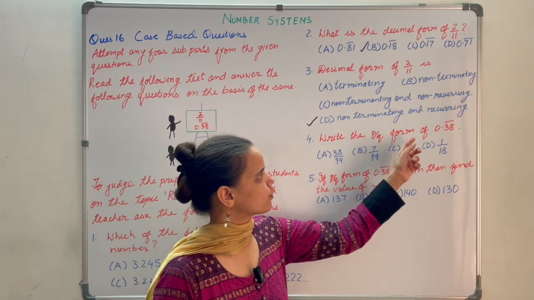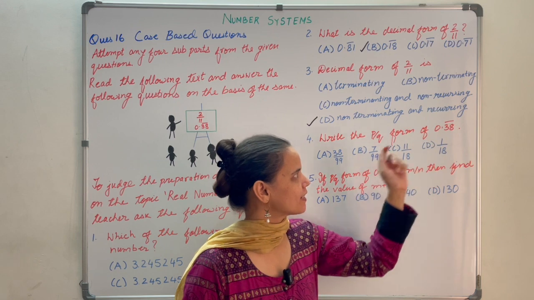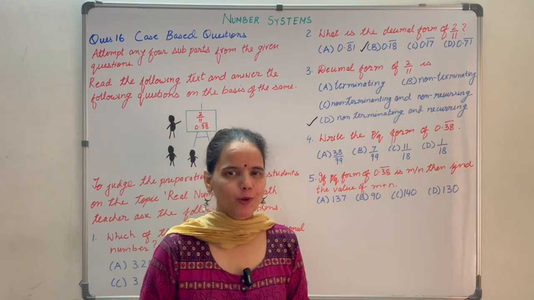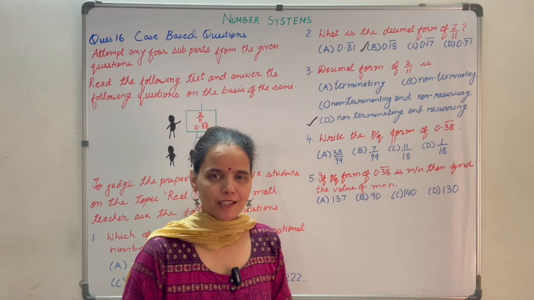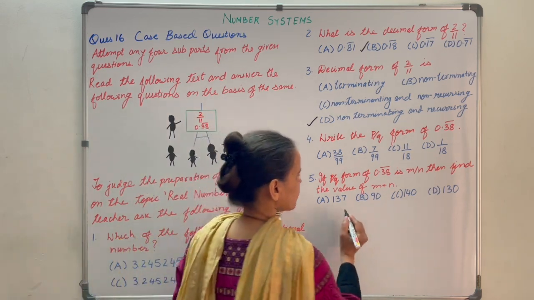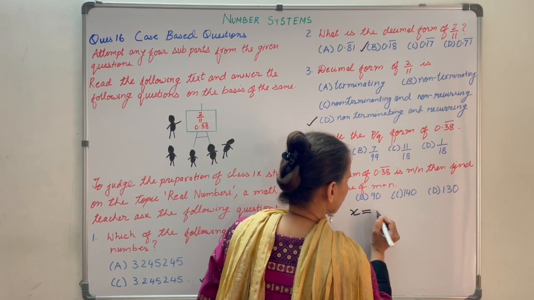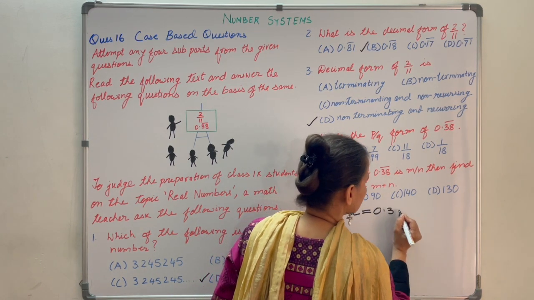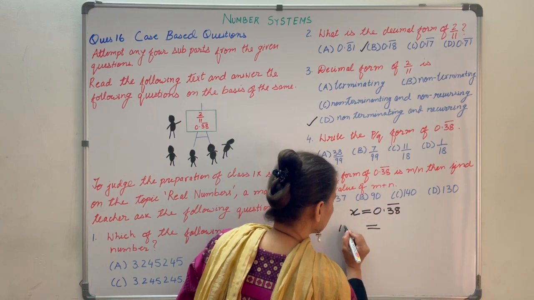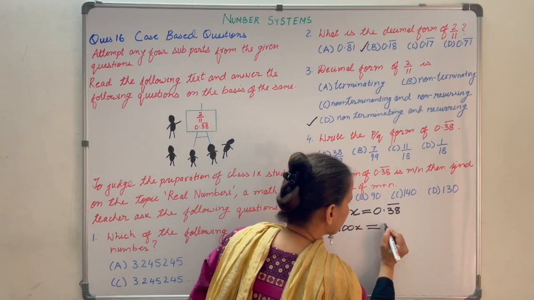Write the P by Q form of 0.38 bar. So you need to write down the P by Q form of 0.38 bar. So let us assume that P by Q form of 0.38 bar is X. So we can equate them. So X is equal to 0.38 bar. Since there are 2 digits under the bar, we will multiply both the sides by 100.